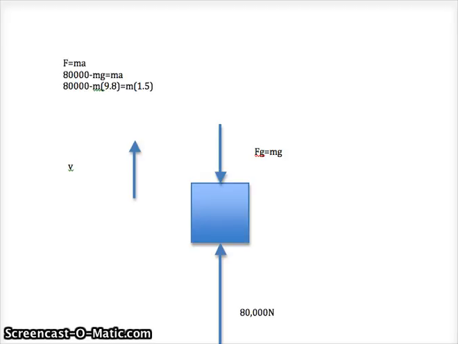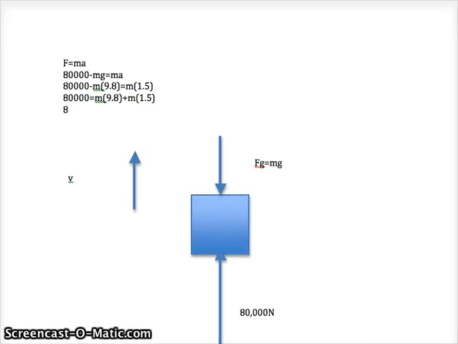We collect like terms, so we get 80,000 is equal to mass times 9.8 plus mass times 1.5, which gives us 80,000 is equal to mass times 11.3.